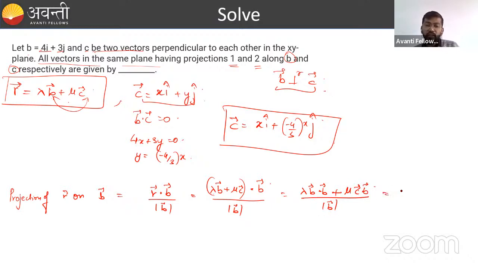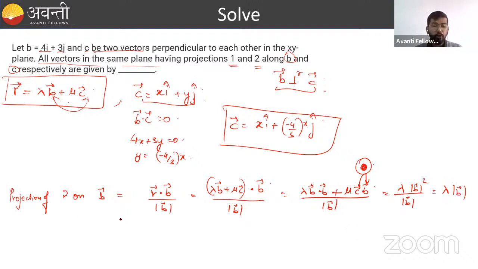Now this is equal to, see, c bar dot b bar is 0 since b bar and c bar are perpendicular, which is given to us. So I'll do lambda mod of b bar square. b bar dot b bar is mod b square, so this will become mod b. So lambda times mod of b.